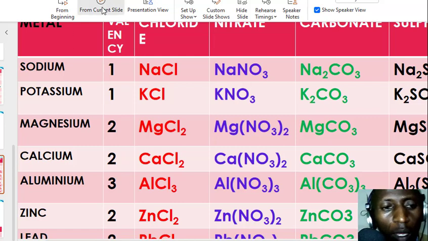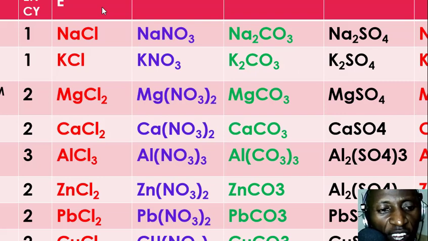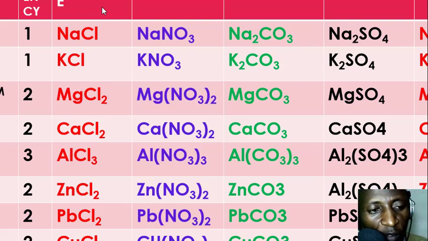For the formula of the chlorides, we have NaCl for sodium chloride. The same case with potassium chloride. So the best thing is get some lead pen. We mark as we move on. You realize, as we had said earlier, the symbol for the first letter of the element forming that compound should be capital.